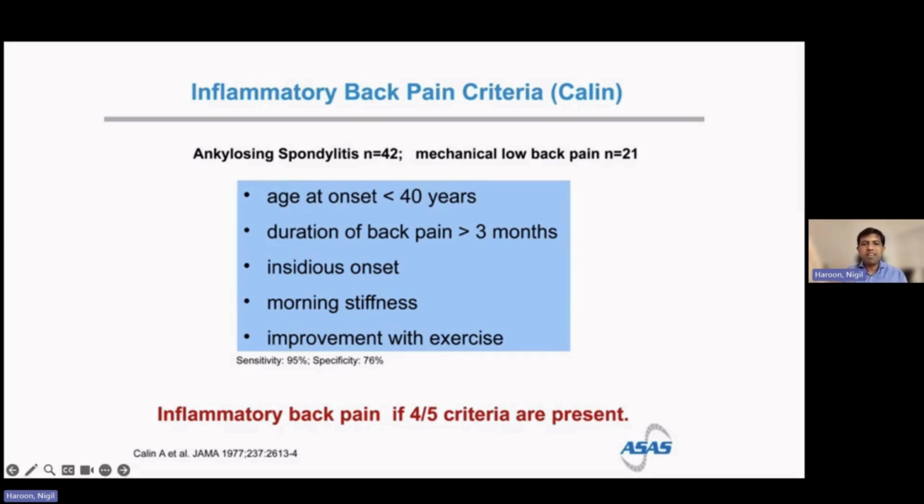So that's instead of acute onset. Back pain that is associated more with exercise is different from back pain when you're at rest, and especially in the morning, a lot of stiffness is seen in spondyloarthritis. So, summarizing, young age of onset, chronic back pain, which is insidious in onset, associated with stiffness and improving with exercise, is more a feature of AS-like back pain.